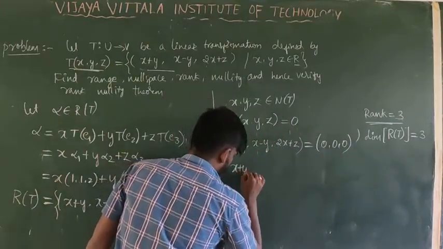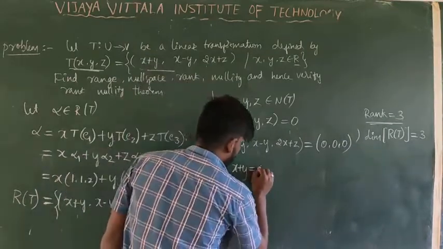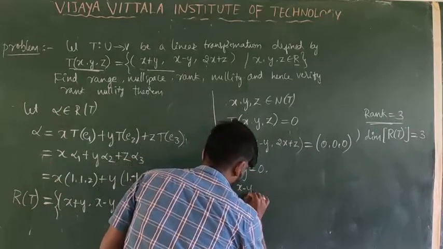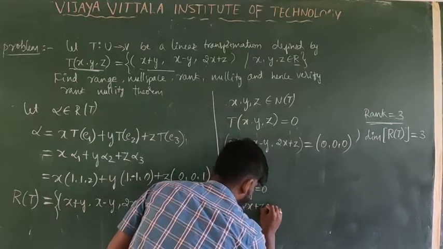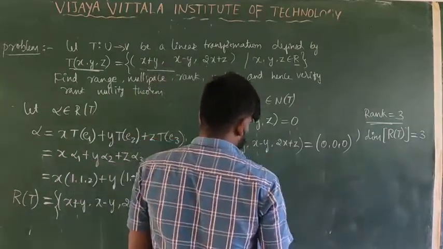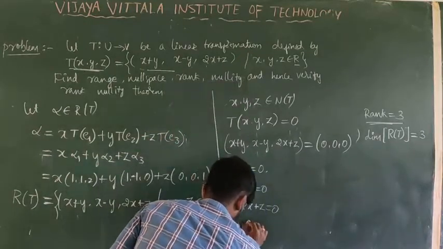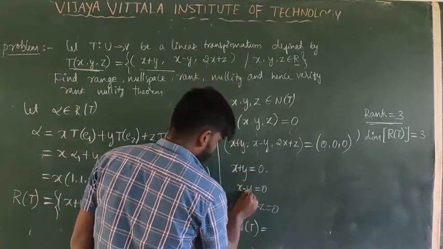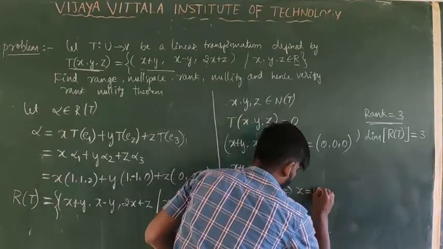Equating corresponding elements, we get x plus y equals 0, x minus y equals 0, and 2x plus z equals 0, which gives the null space N of T. From x plus y equals 0 and x minus y equals 0, x equals y.